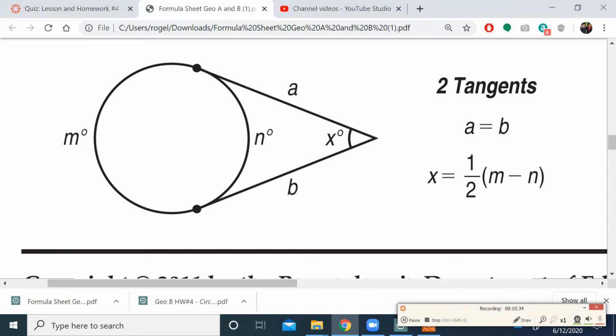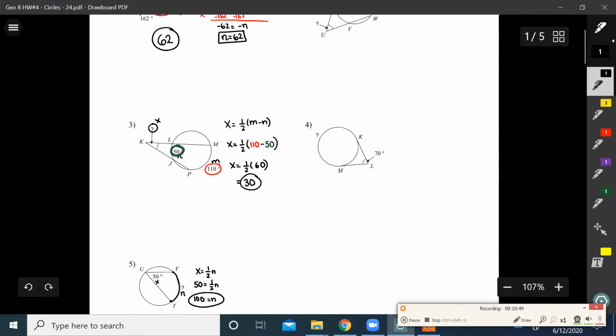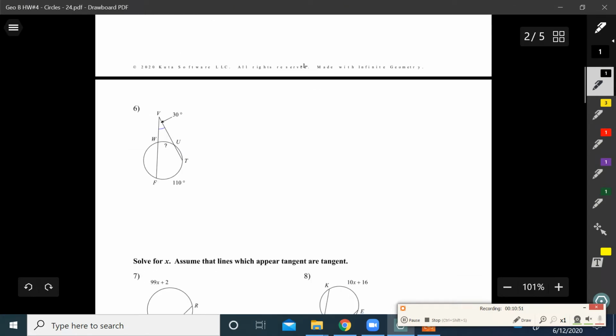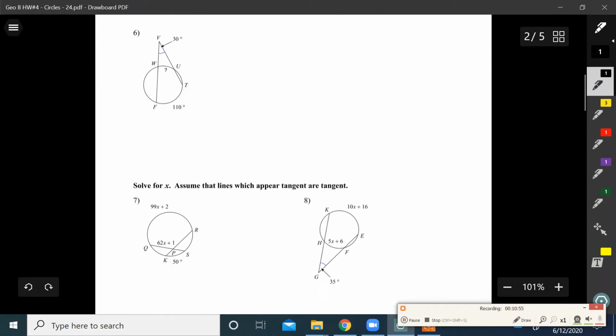See, the formula is actually the same. x is equal to half m minus n. Recognize what the m is, recognize what the n is, and recognize what the x is. Okay, let's go back to that one. So you already know which formula to use for that one. Let's do number 5. You're going to do number 6 for me.